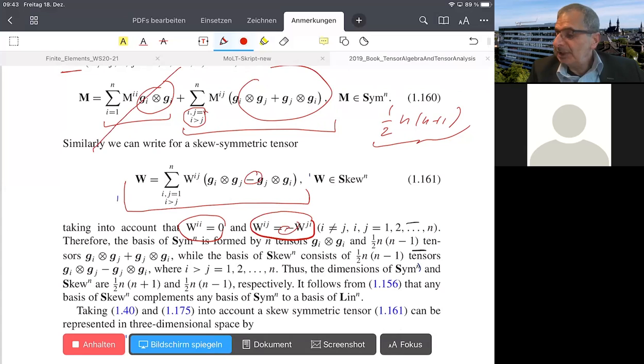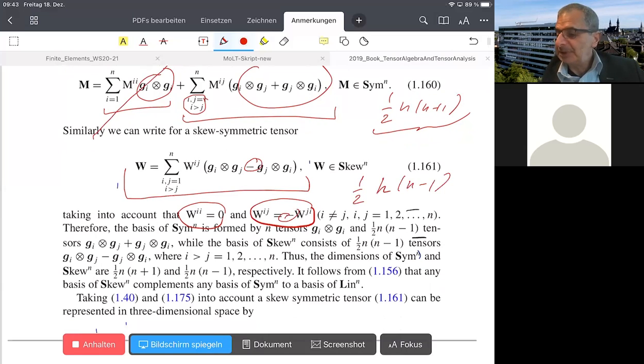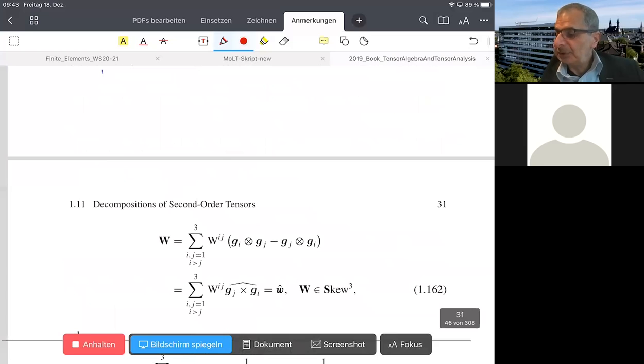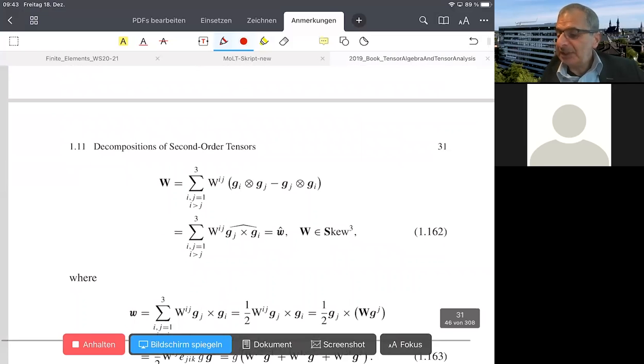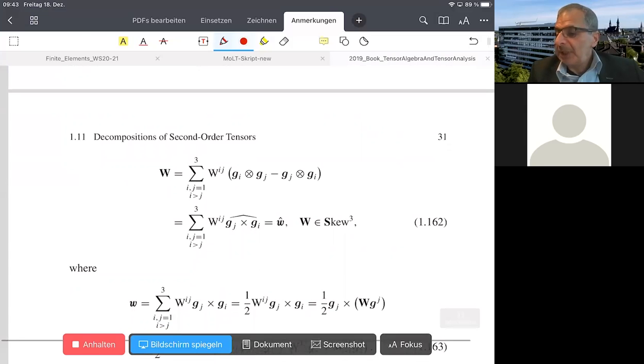Which means that we have only terms under the main diagonal or above. It means that the number of these basis tensors is one half n times n minus 1, and this is the dimension of the subspace of skew symmetric tensors, right?